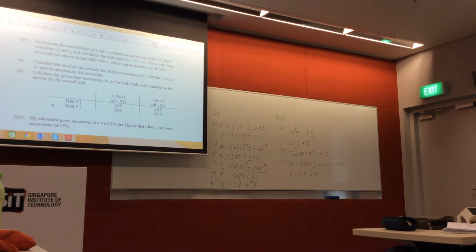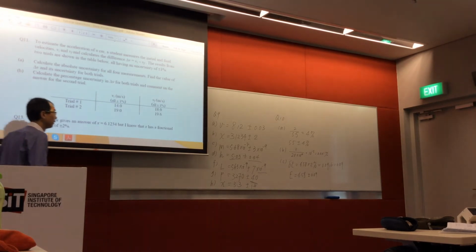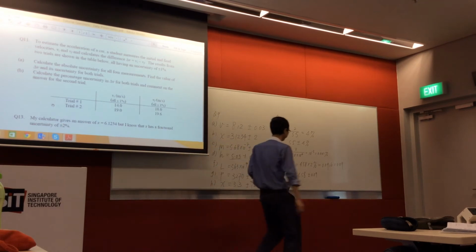So this is your fractional uncertainty, which is 1%. So calculate the absolute uncertainties for all the four measurements and find out what is delta V.